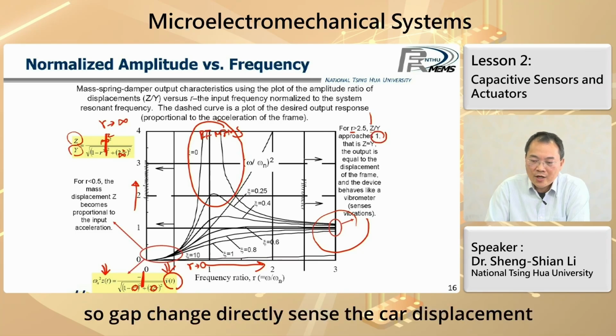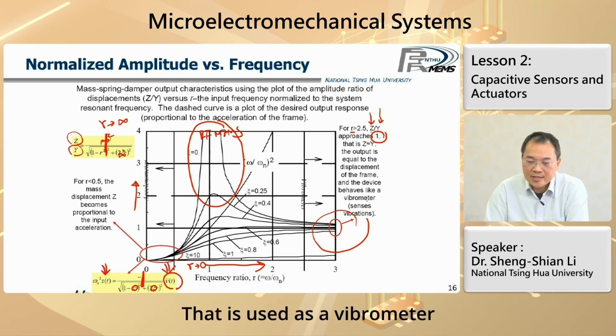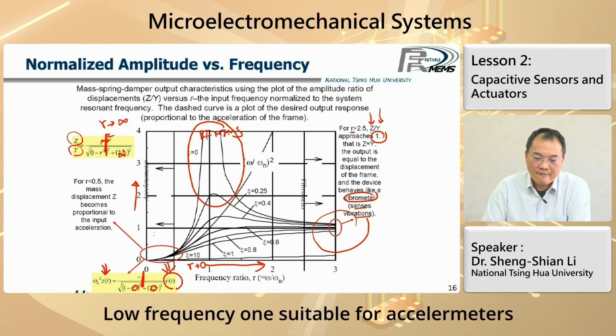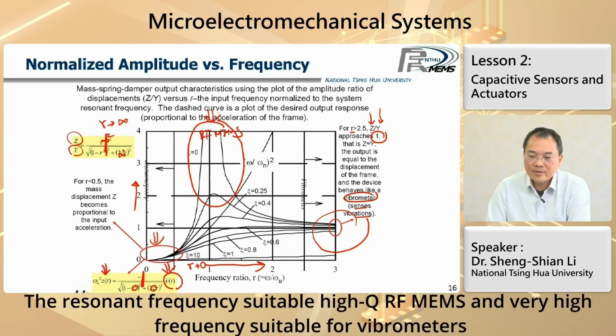So the gap change directly senses the car displacement. That is used as a vibrometer, which senses vibration. So different frequency ranges belong to different sensors. One more time, low frequency is suitable for accelerometers. The resonant frequency is suitable for high Q RF MEMS, and very high frequency is suitable for vibrometers.